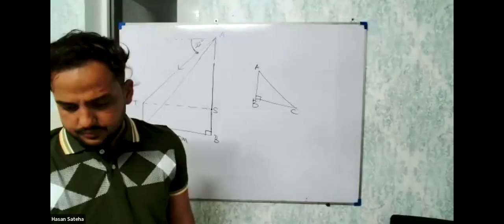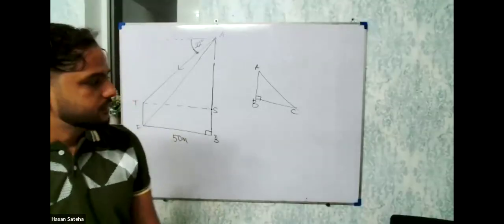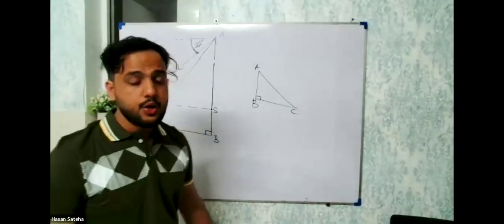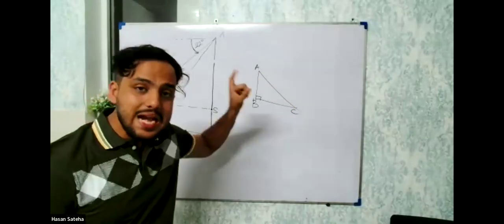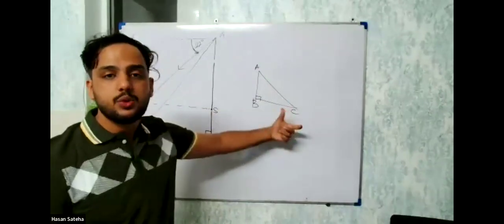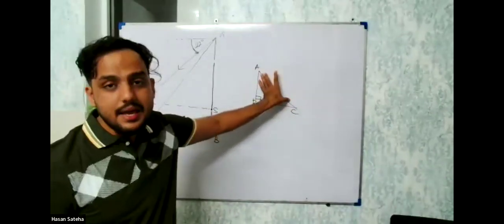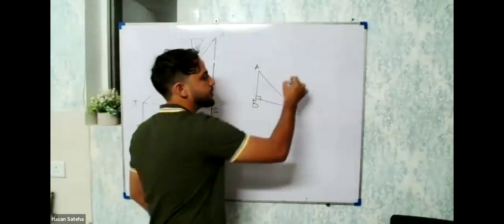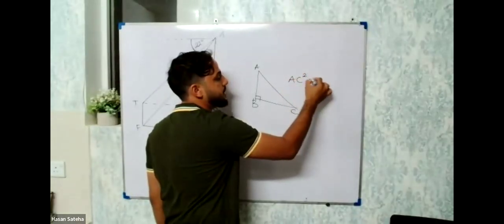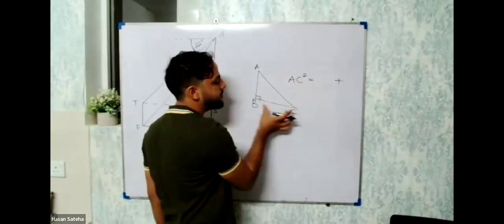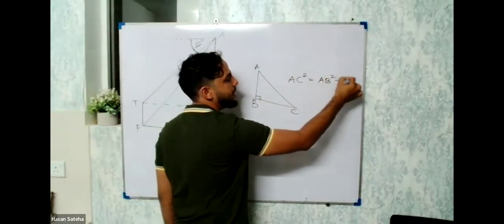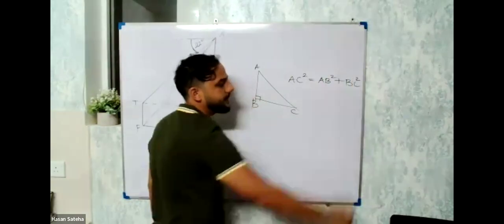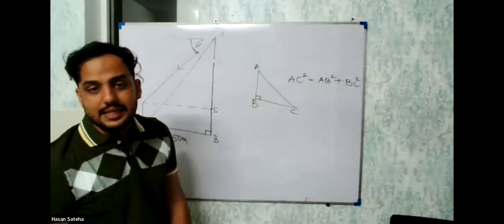Square of the hypotenuse is equal to the sum of the squares of the other two sides. In other words, AC squared equals AB squared plus BC squared, right? That is your Pythagoras theorem.